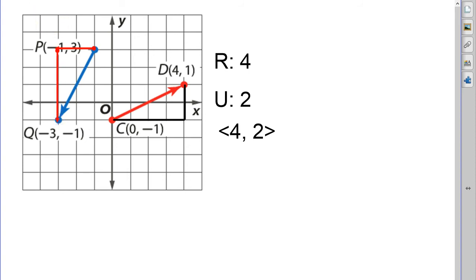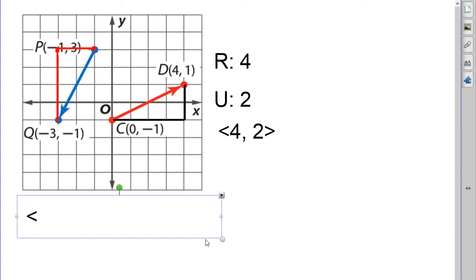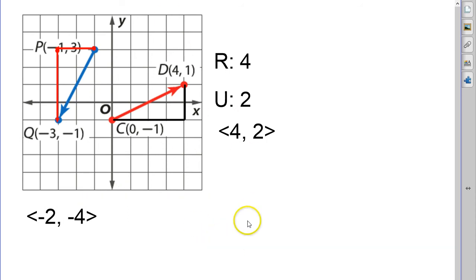That's how I get from P to Q. Again, always think of left to right first, then up and down second. So for the blue vector, you should have said your vector is going to be left 2, which is -2, down 4, which is -4. Hopefully that's what you did say. If not, hopefully it makes sense now.